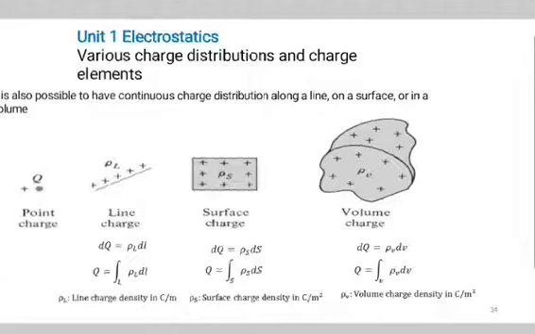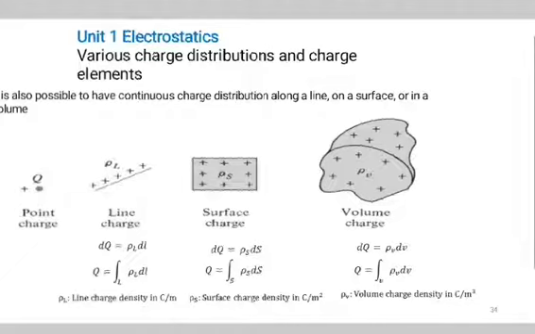And third is the volume charge density. Whenever a number of charges are uniformly distributed over a particular volume, then the resultant charge is called volume charge. The volume charge density is defined as the ratio of total charge on the volume to the volume under consideration.